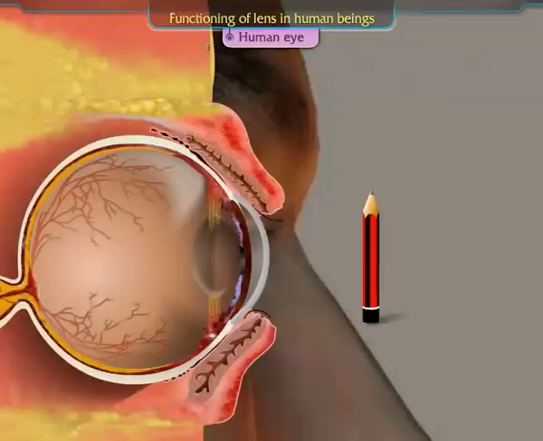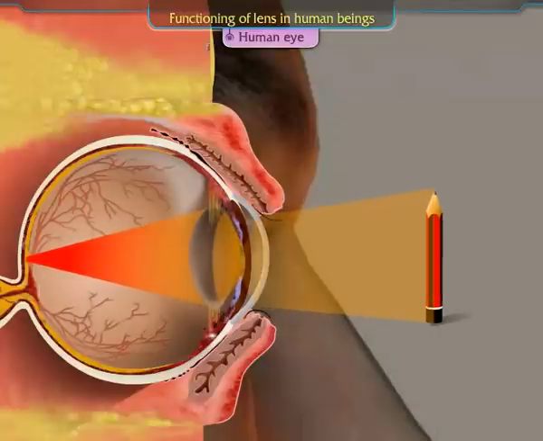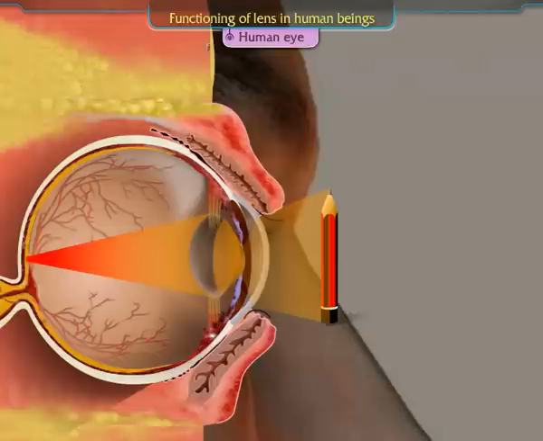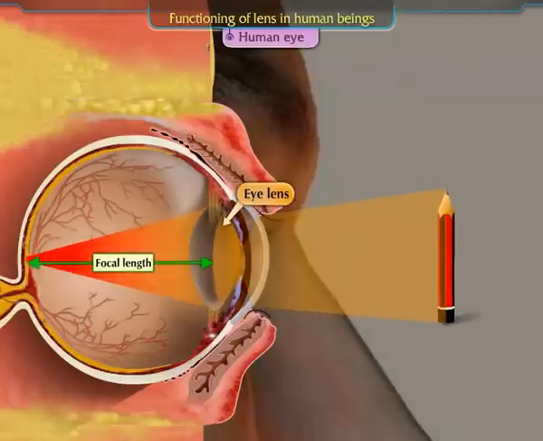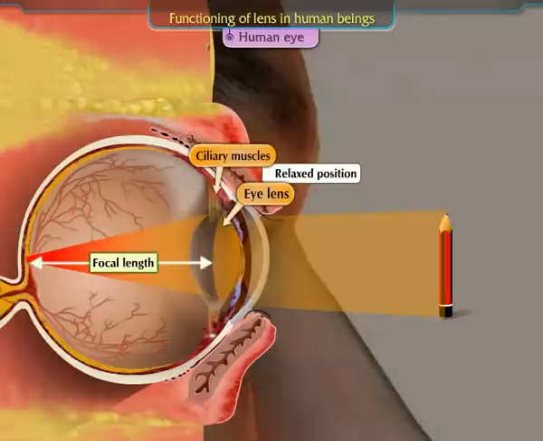Now let us understand how our eye adjusts itself to see objects at different distances. The focal length of the eye lens can be changed by contracting or relaxing the ciliary muscles. The eye lens in relaxed position of eye muscles has a focal length of about 2.3 centimeter.